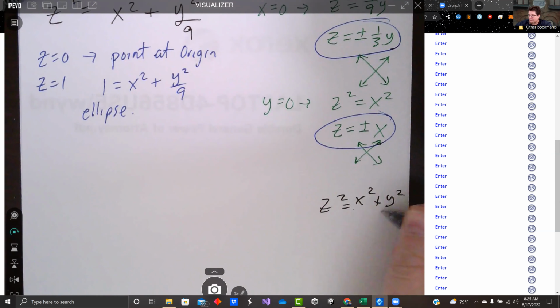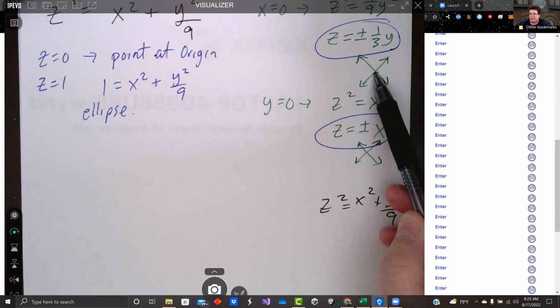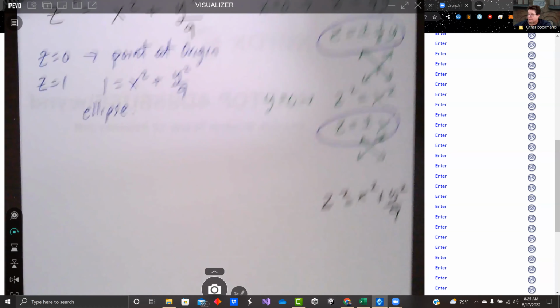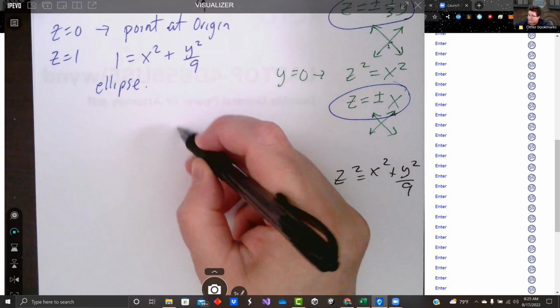And we already know that it comes to a point, because these are crossing lines. It's going to be like an hourglass shape, but not circular. So let's try to give this a sketch.